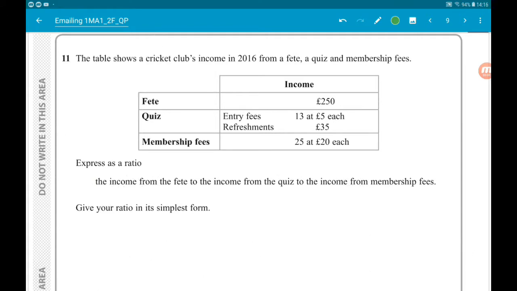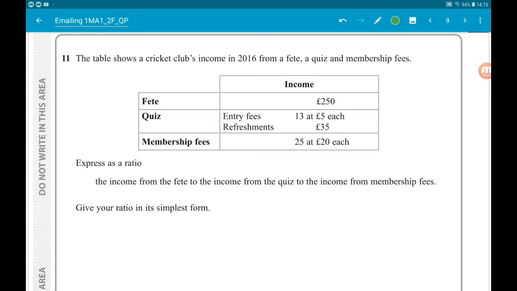Okay, number 11. The table shows a cricket club's income in 2016 from a fete, a quiz, and membership fees. So the fete made them £250, the quiz, well, there were 13 entries at £5 each, and the refreshments made them £35.